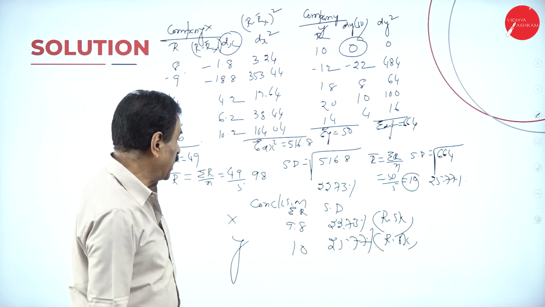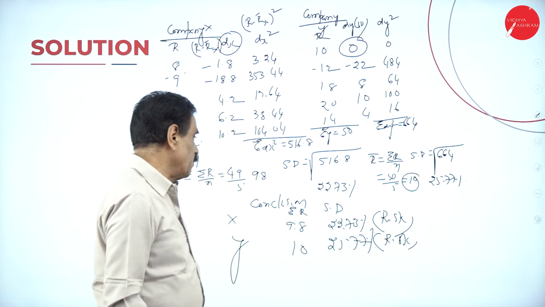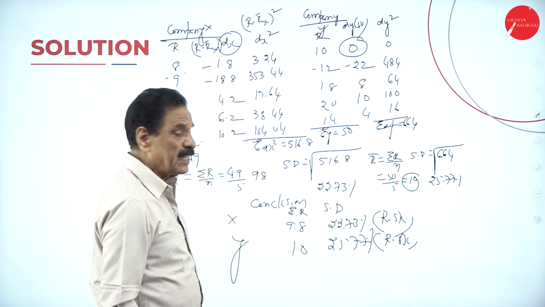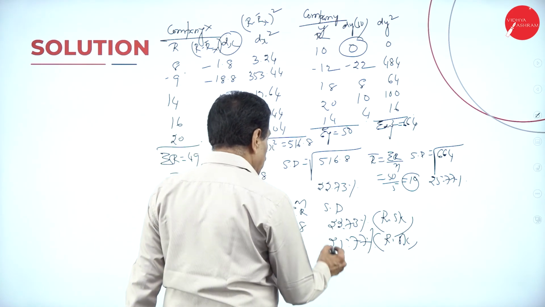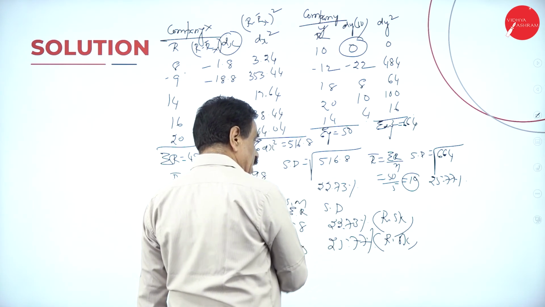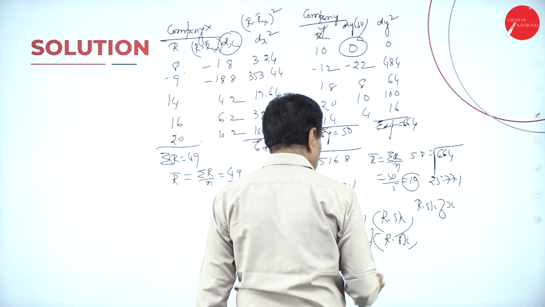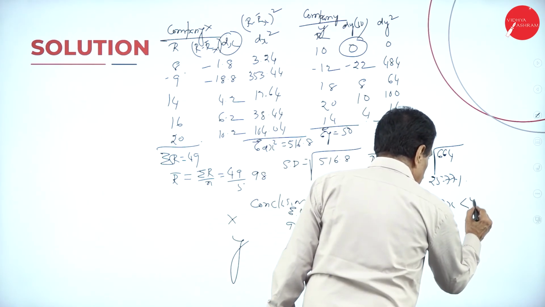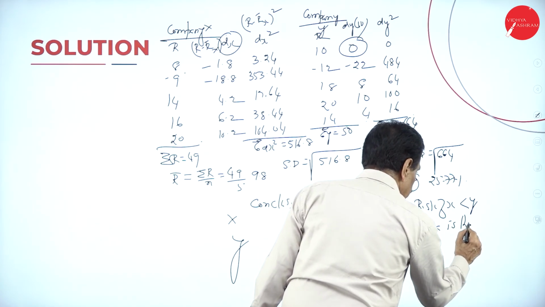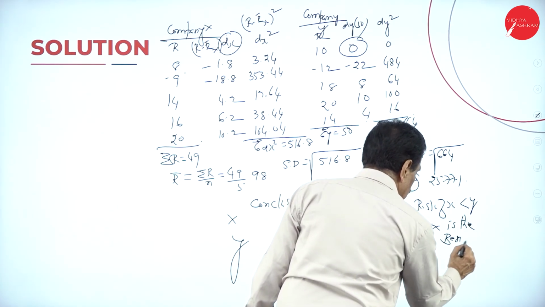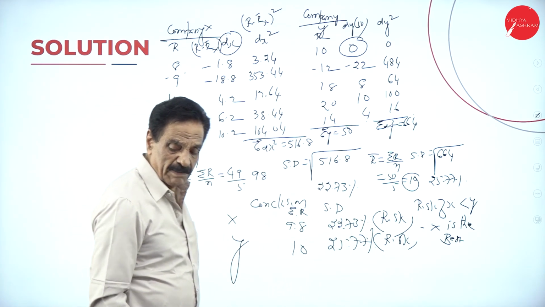If we see the conclusion here, expected return is also more, risk is more here. So if we take the expected return, it's just a 0.2 difference, and the risk of X is less than Y. Therefore, X is the best. X is selected. We compare, X is the best.